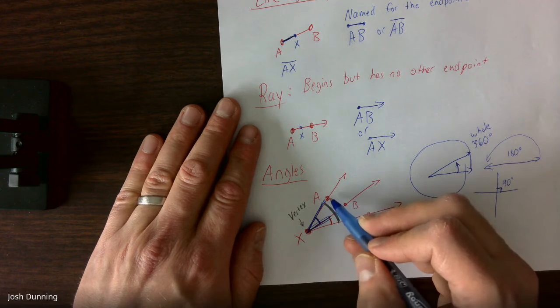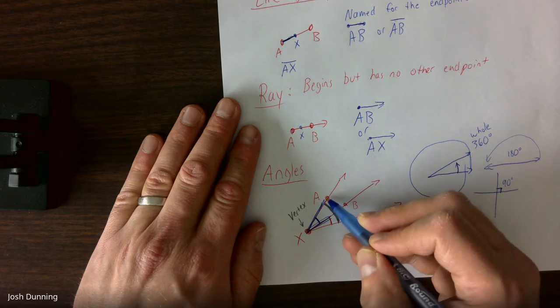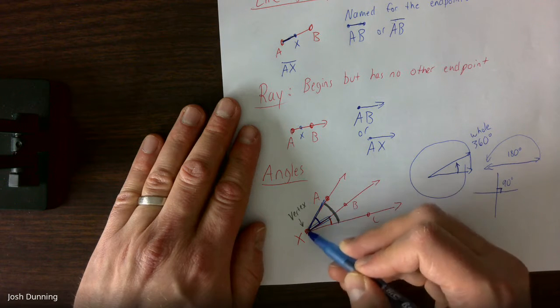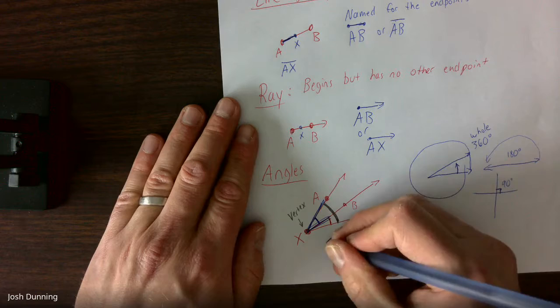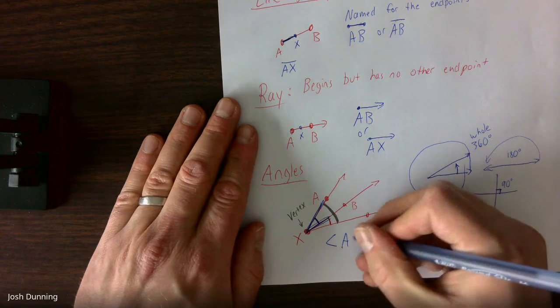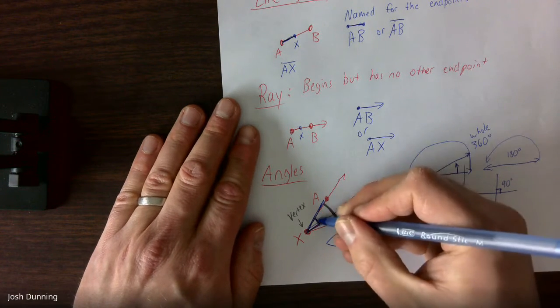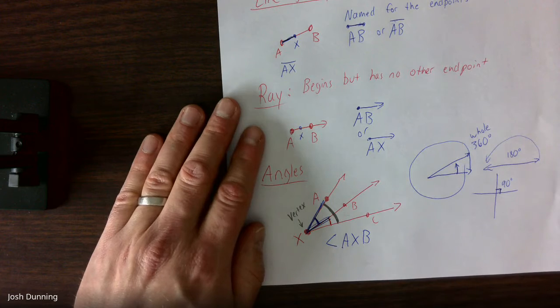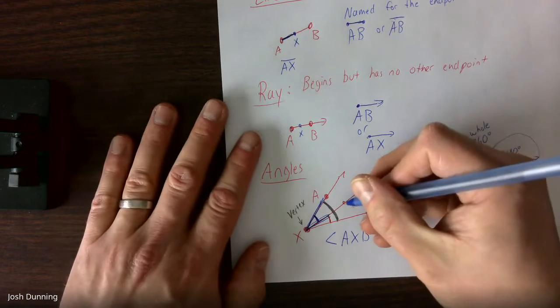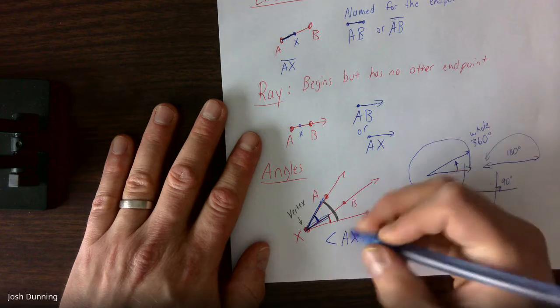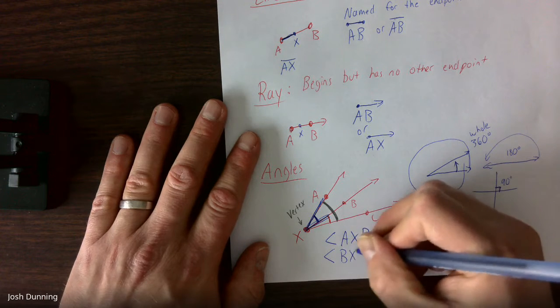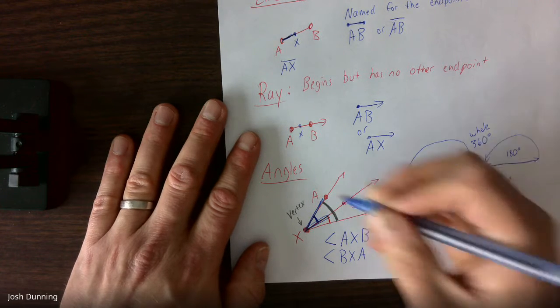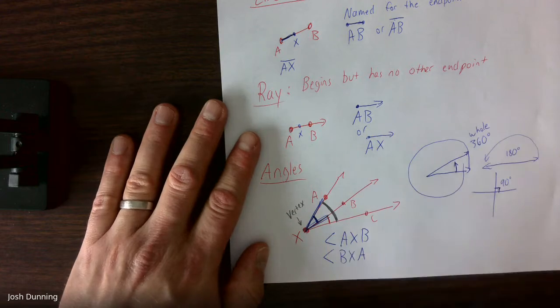So put the vertex in the middle. You could use for the blue angle AXB. So there's the angle sign, AXB. That would be the blue angle. You could do the order the other way with B first, BXA. These are the same thing. They both describe the blue angle.